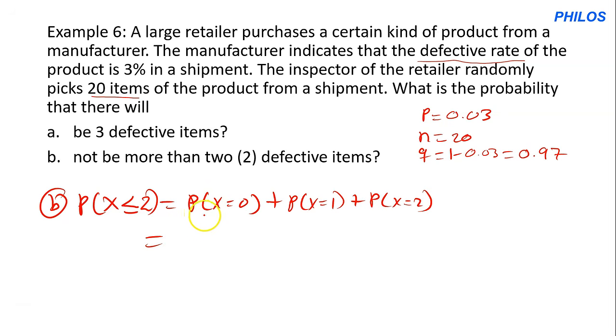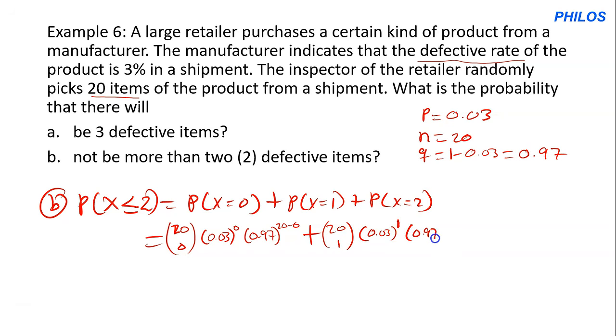So let's find a probability that X is exactly 0. That will be n, which is 20, combination X, which is 0, times 0.03 exponent 0 times 0.97 exponent 20 minus 0, plus, then we do that for the second one also. 20 combination 1, P is 0.03 exponent 1, which is X, times 0.97 exponent 20 minus 1, then plus 20 combination 2 times 0.03 exponent 2 times 0.97 exponent 20 minus 2.